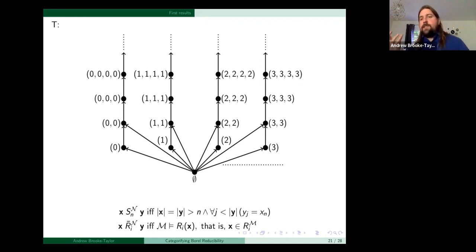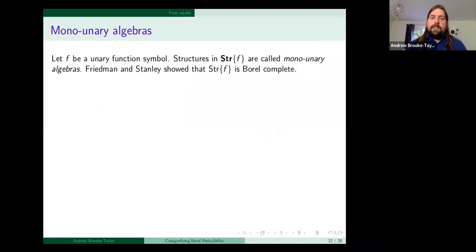Okay, so now let's start looking at some areas where it's different from the standard Borel reducibility framework. I want to start with what are called mono-unary algebras. This is basically the first example in Friedman and Stanley's original paper. They take for granted that graphs is Borel complete, but from that point, basically the first example they give is these mono-unary algebras.